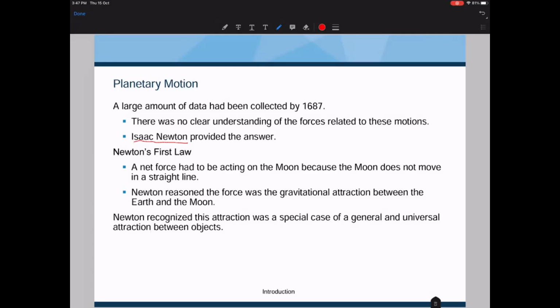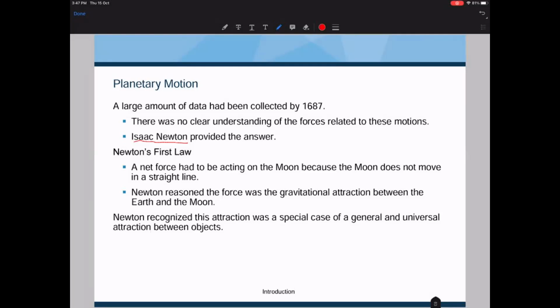For example, the moon. The moon is an object right above our head, and it is orbiting around the Earth. So if the moon is just like the apple, it should fall down. But apparently it doesn't. Well, at least up to now, it doesn't. It still stays very high in the sky.